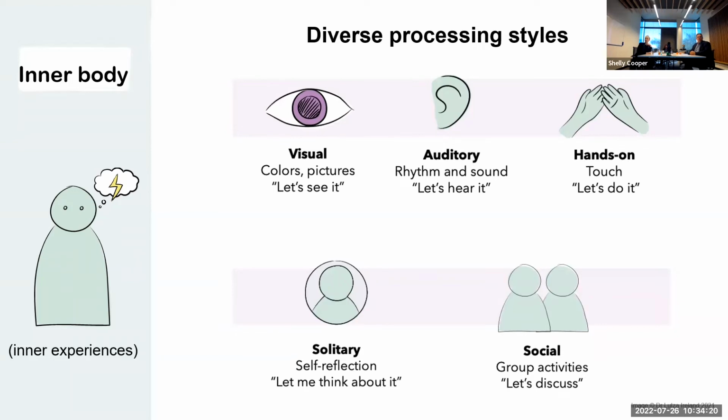So group activities can be very energizing for those people who have a social processing style. They want to discuss it, they want to bounce ideas off, they want to collaborate. But then other people are actually solitary learners, solitary processors, and they need self-reflection, they need their own space and time to be able to think things through on their own.